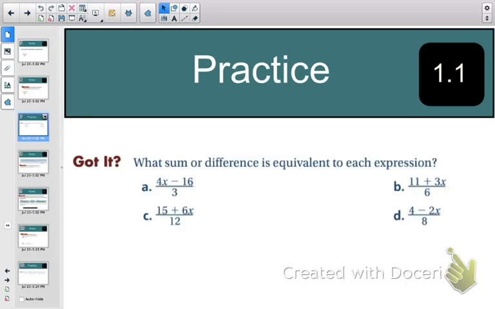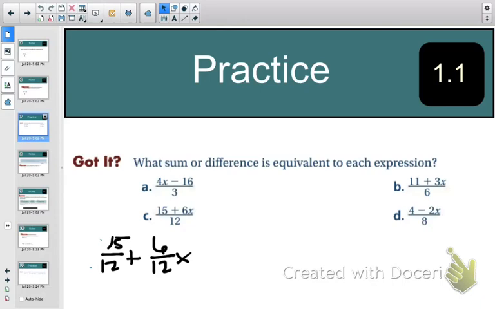Okay, and when we do this, so let's look at C here. I'll do C with you. Okay, so C, we can split it up into 15 over 12 plus 6 over 12x. Okay, and then what we can do is we can simplify the fractions. So 3 goes into both 15 and 12.